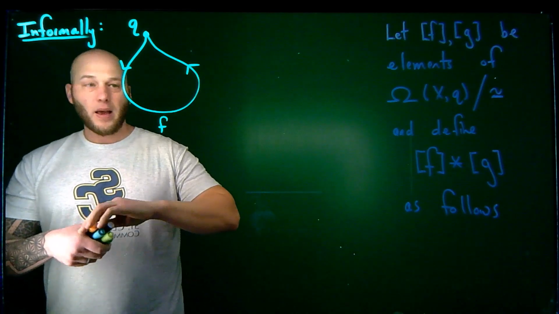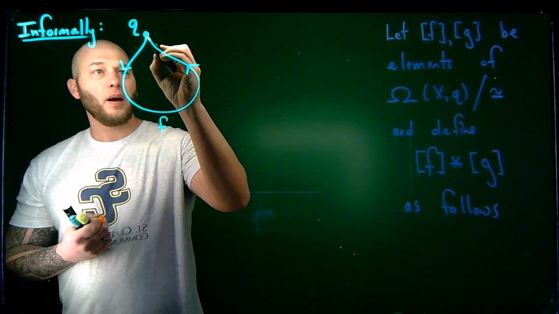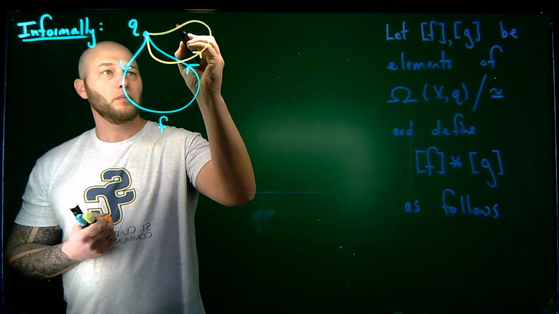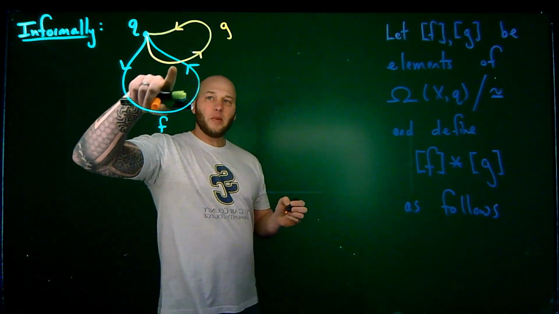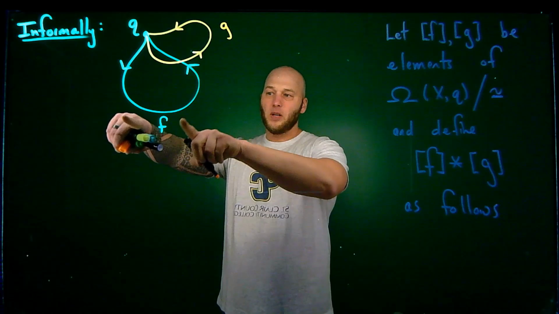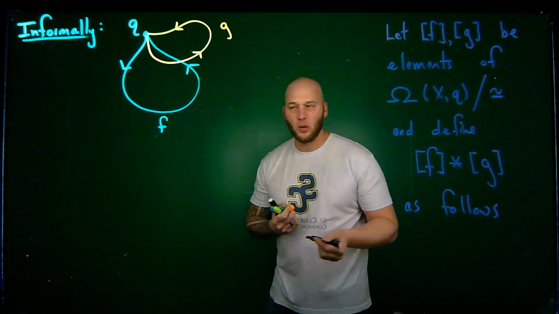And I also have another loop at that same base point that I will call g. These are any elements of these two equivalence classes. Of course, if I pick a different element of this one, it's going to be homotopic to it, so the same properties are going to apply.